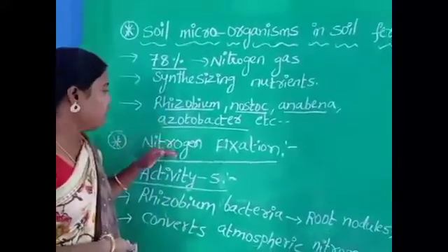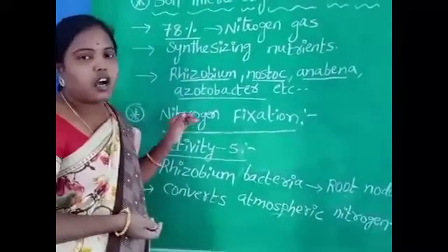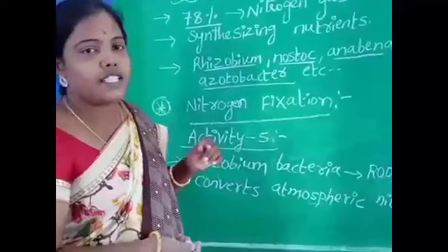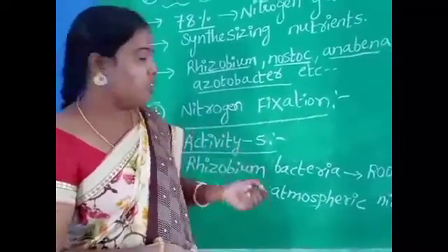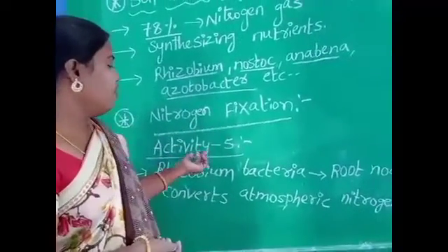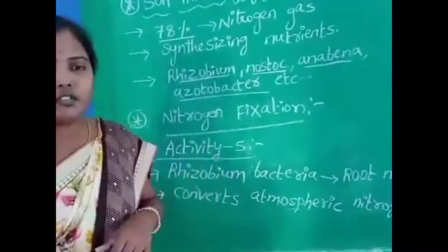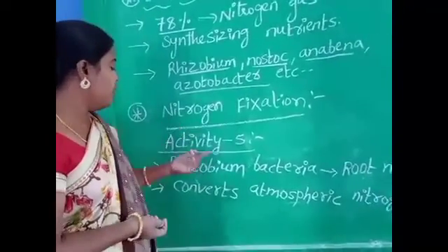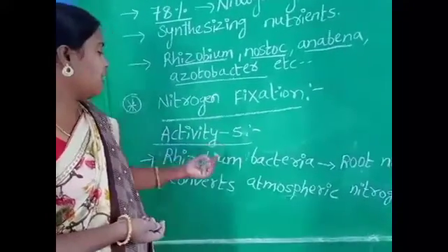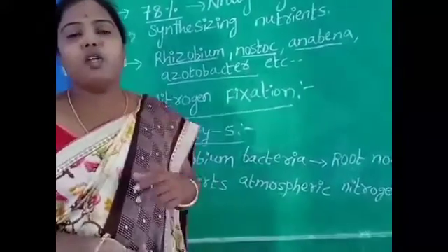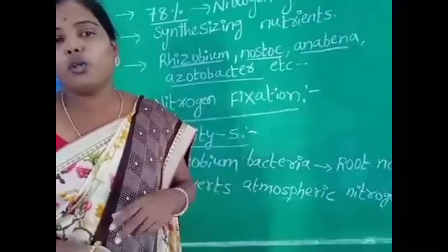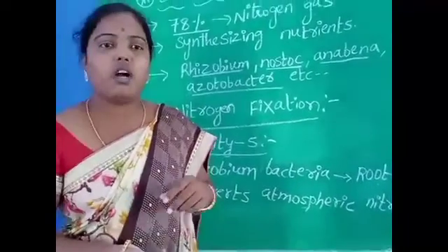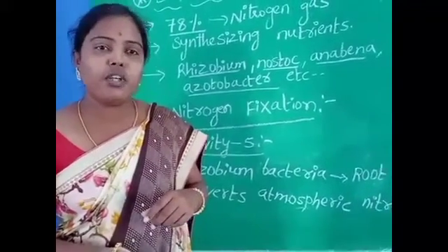Next, nitrogen fixation. How do soil microorganisms fix nitrogen? Here we are going to activity 5. To know about this topic, let us discuss activity 5. First, collect root nodules from a bean or groundnut plant from your surroundings.